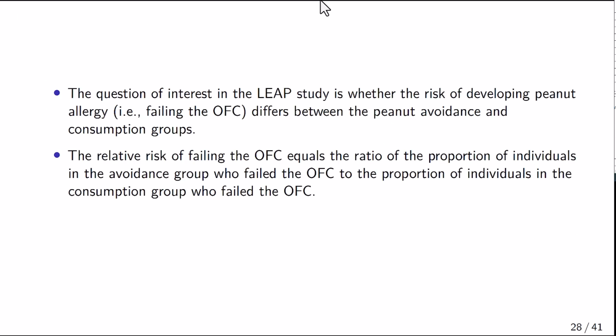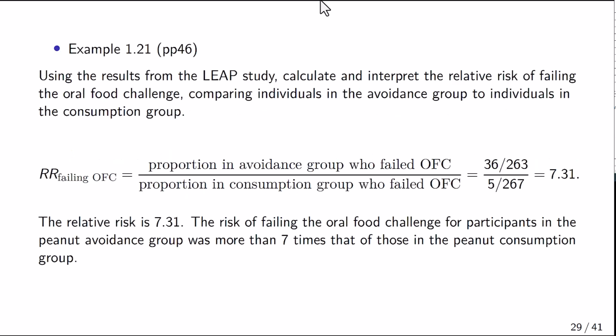Here, the question of interest is whether the risk of developing peanut allergy differs between the peanut avoidance and the peanut consumption groups. The relative risk of failing the OFC equals the ratio of the proportion of individuals in the avoidance group who failed OFC to the proportion of individuals in the consumption group who failed OFC. So we have the risk for the avoidance group, right?